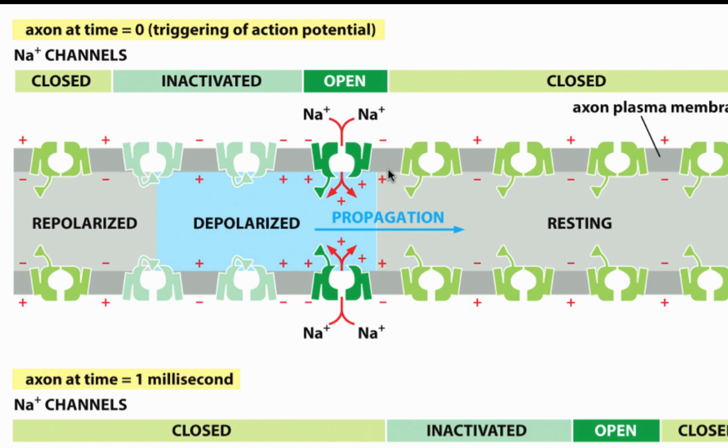So at a certain point, at time 0, when you have triggered the action potential, it will induce a depolarization, and as you can see with this little voltage-gated sodium channel, that is going to induce the opening of that channel to allow the influx of sodium ions into the cytoplasm.